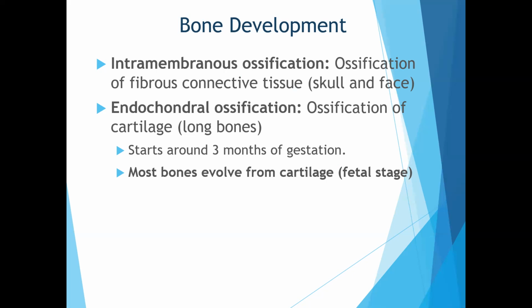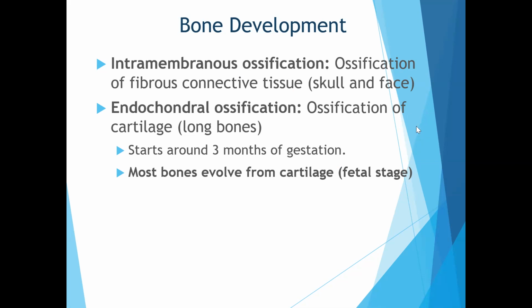Your skull and your face are the best example of it, and this is the reason why we have soft spots on young babies' heads, because it's going through this intramembranous ossification. And those soft spots are known as fontanelles. You'll see that in your textbook as one of our real life examples.